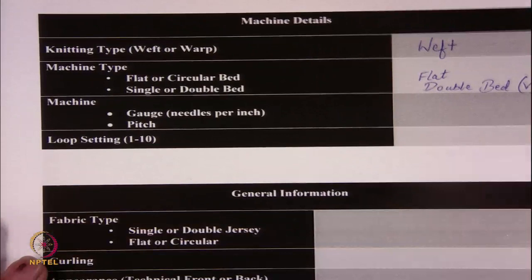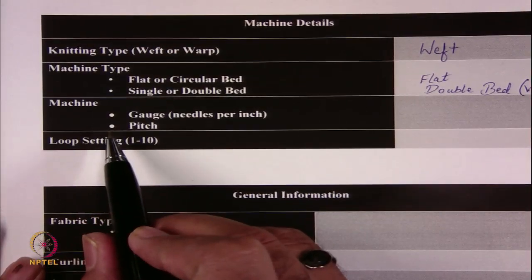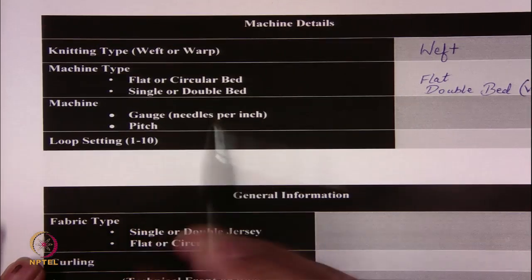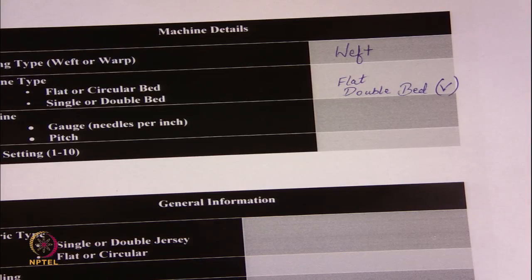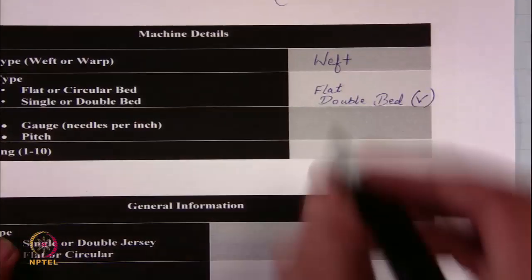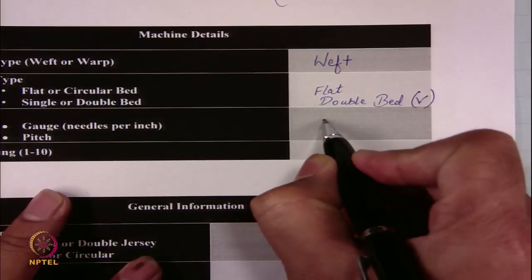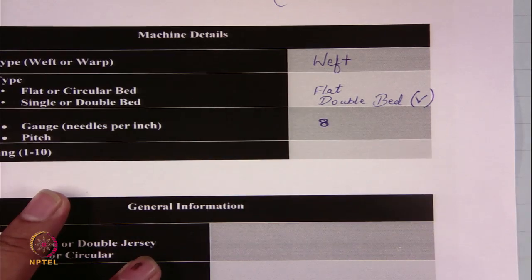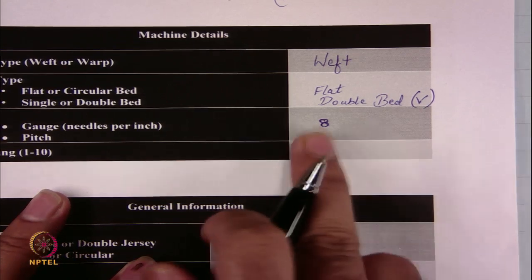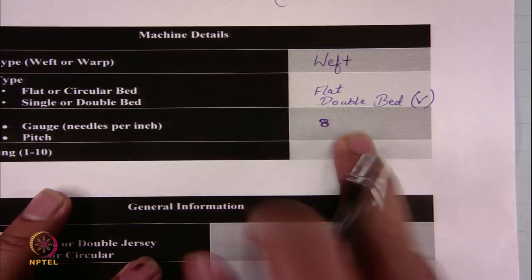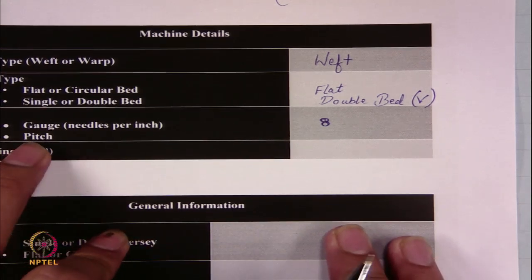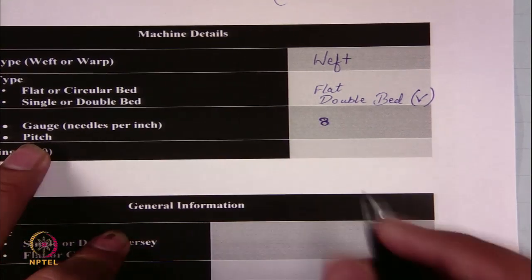Now, the next thing is machine parameters like gauge, how many needles were present per inch. The number of needles present per inch was around 8. So, 8 needles per inch were present in each of the beds. The pitch is nothing but the distance between two needles on the bed.